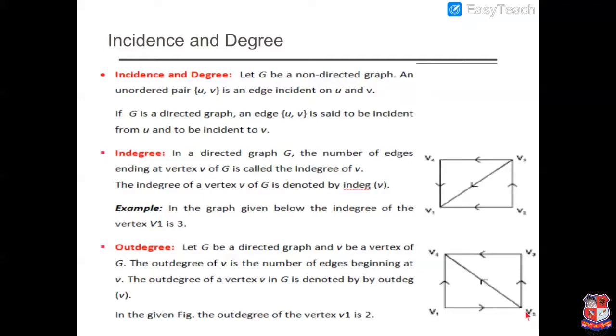Out degree of V2 is also 2. Out degree of V3 is 1 and out degree of V4 is 0.